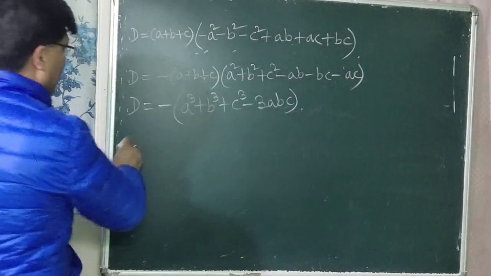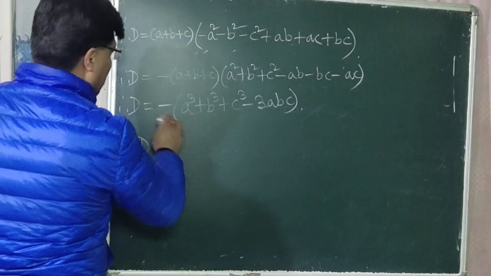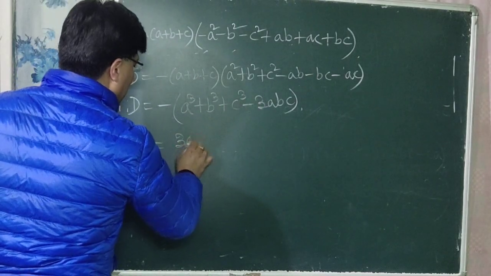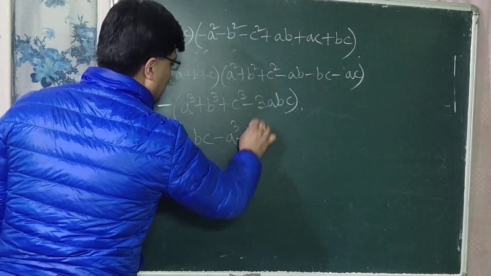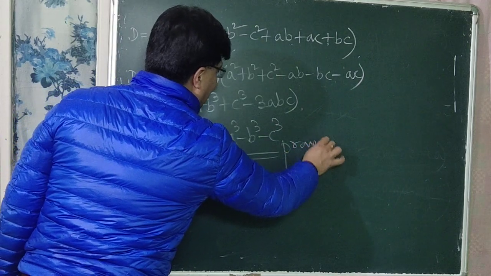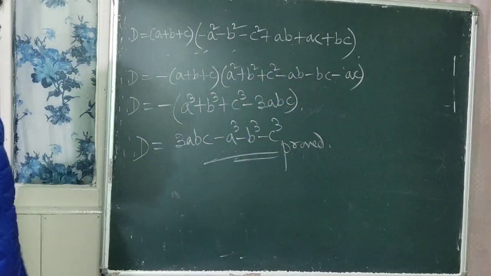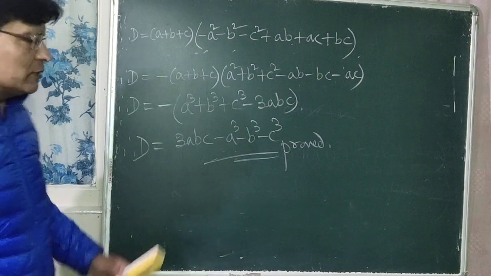I erased it. So therefore D is equal to minus, minus plus 3ABC, that is minus A cube minus B cube minus C cube. So this is the final answer, proved. I think you have understood it. Copy this.